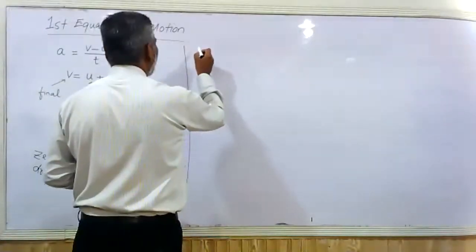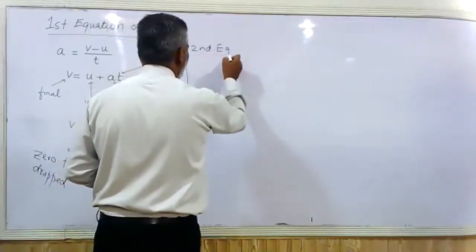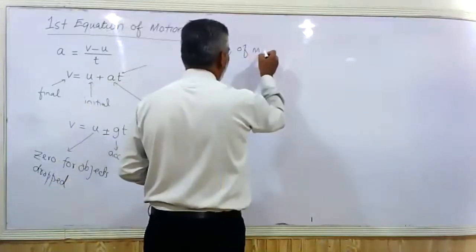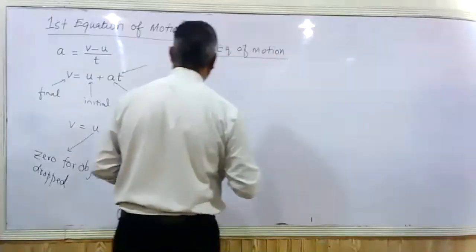Second equation of motion. The second equation of motion can be derived from two equations.